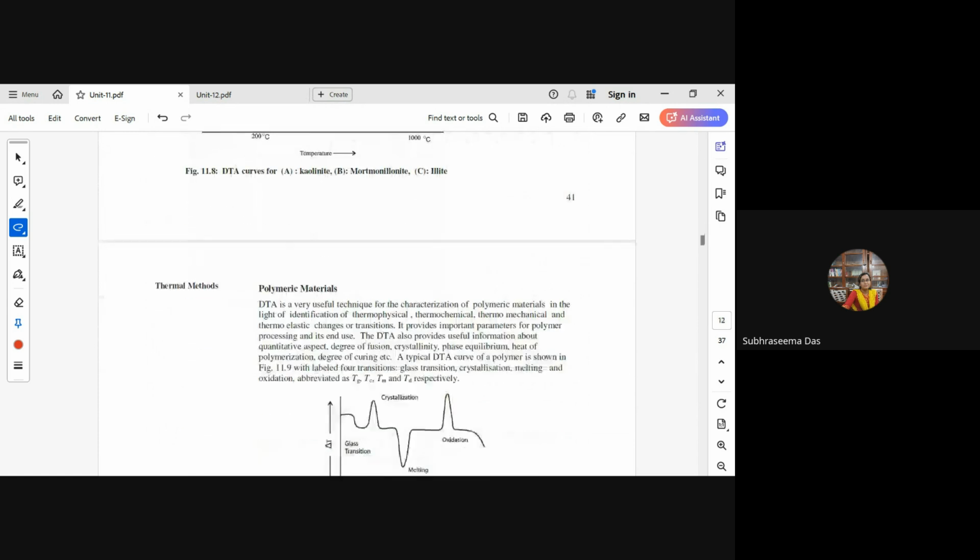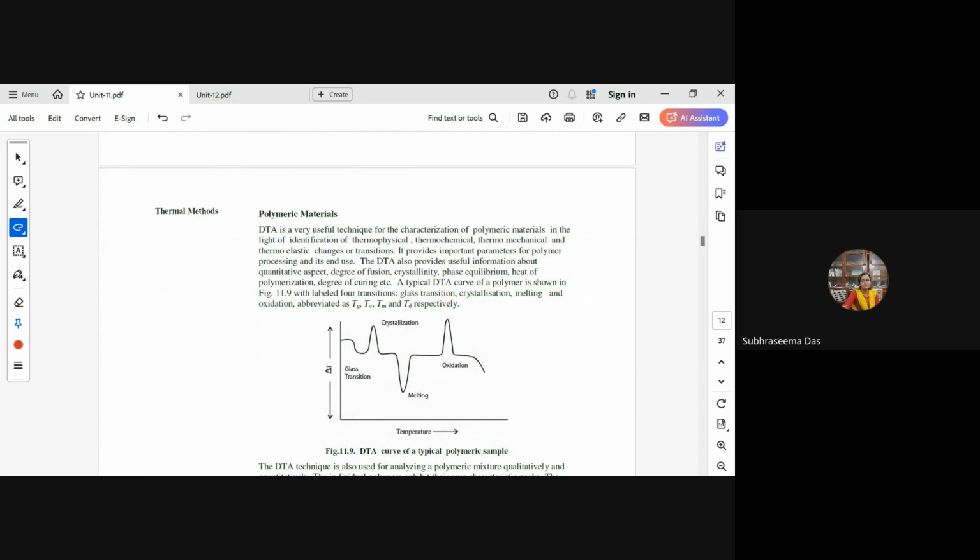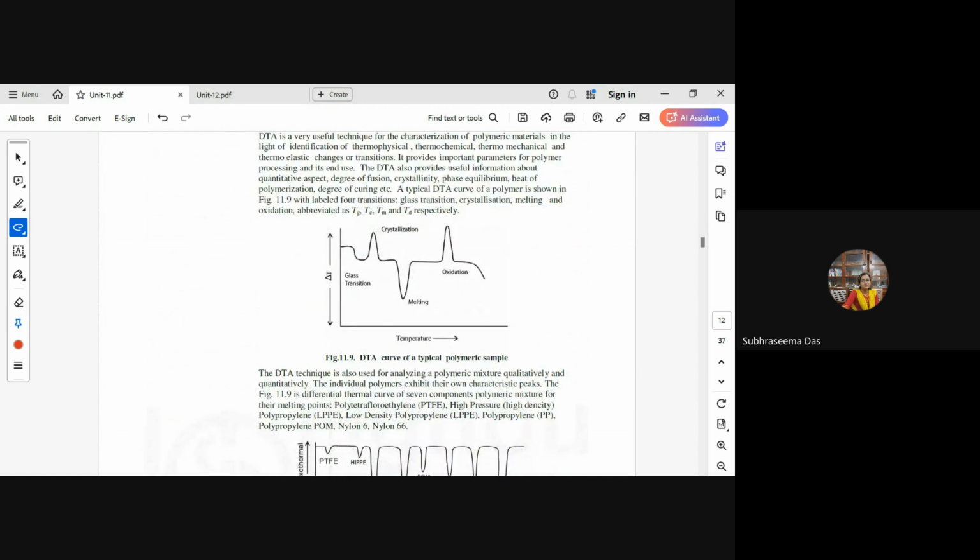Now coming to polymeric materials, DTA has been very useful for their characterization, for identification of their Tg, the glass transition temperature, Tc, the crystallization temperature, Tm, the melting temperature, and Td, the oxidation temperature. These are the four types of temperatures that can be measured from a DTA of a polymeric sample.